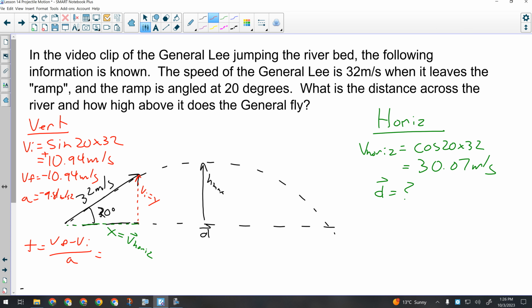equals negative 10.94 minus 10.94 divided by negative 9.81.